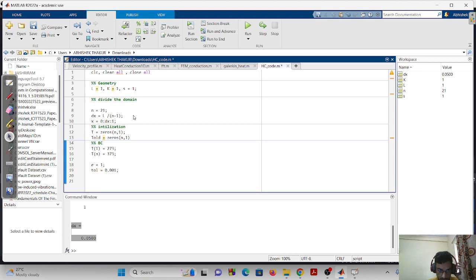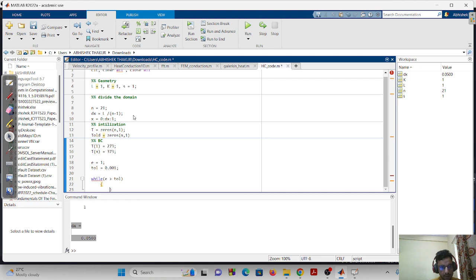Now we are defining error equal to 1 so that when we define the while loop and say do this while error is greater than tolerance, the code enters the first loop.